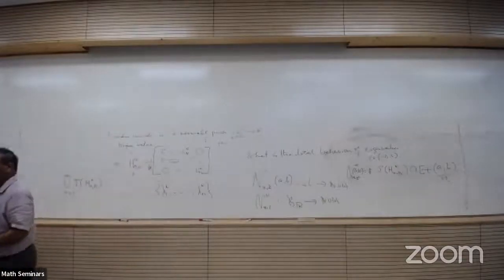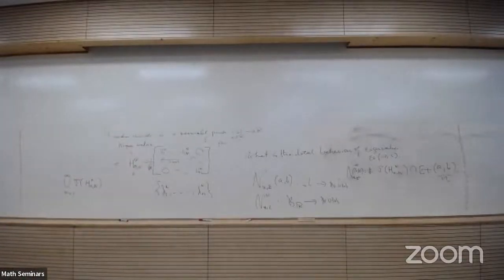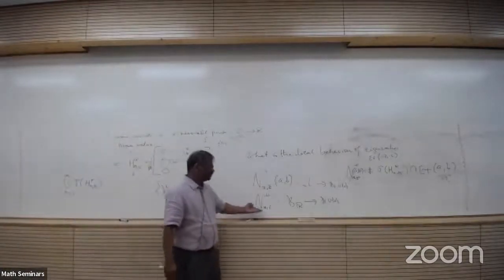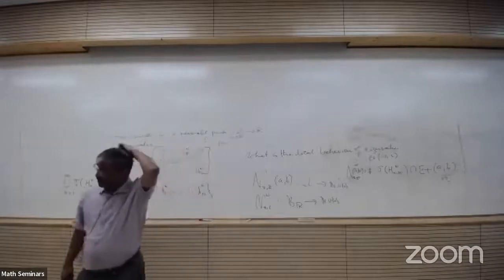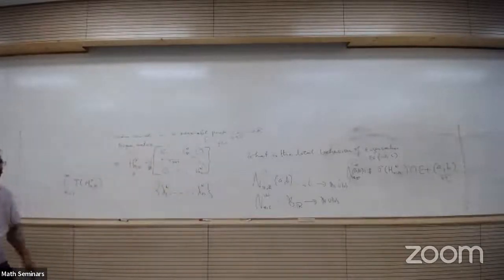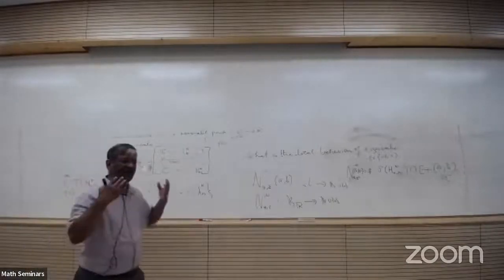And as a function of omega, it's a random variable. Such a thing is called a point process. So this N_n is a point process. And one would like to know, as n goes to infinity, this limit, what is its nature?